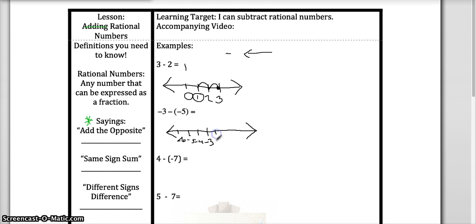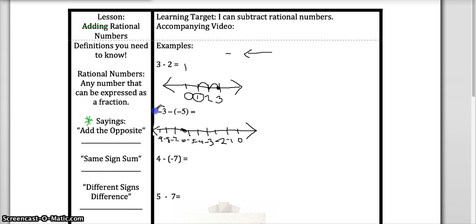This would be -2, -1, 0. Actually, we need this to go a little farther. We need this to go to at least 10. So I'm going to erase this and do that again. You do that on your paper too. Okay, so I fixed my number line. Oops, now it's not connected. And there's my connection.